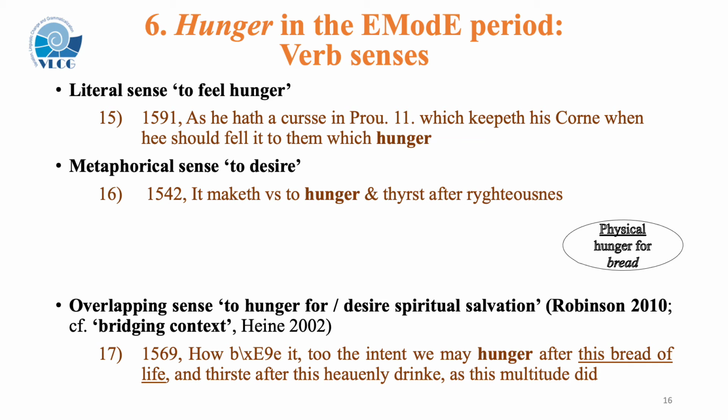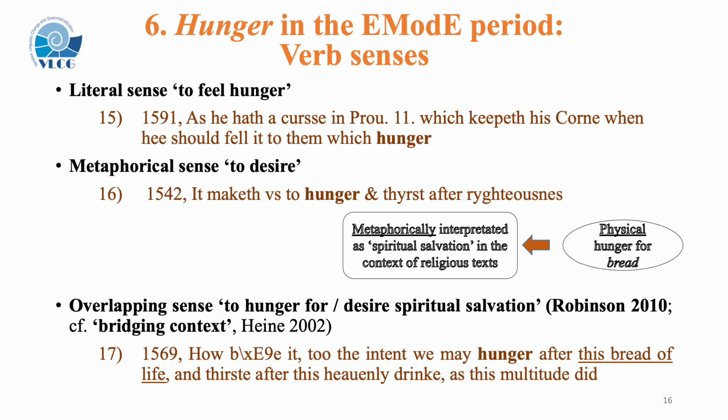What happens here is that reference is being made to a hunger that is purely physical, that is, a hunger for bread. But in the context of religious texts, this is metaphorically interpreted as spiritual salvation, and therefore these examples partake of both the literal domain and the metaphorical domain of emotion.